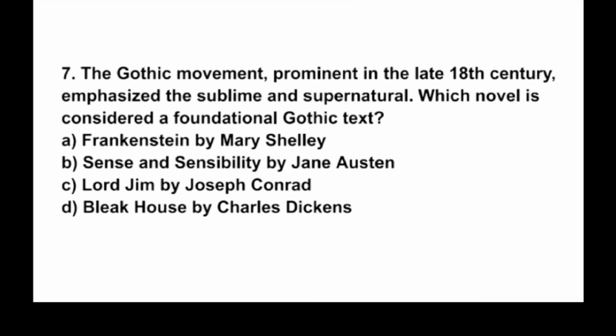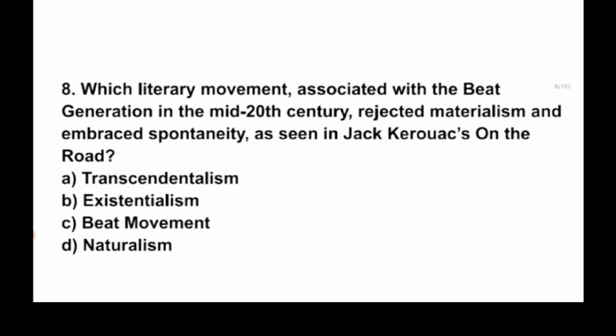Next, which literary movement associated with the Beat generation in the mid 20th century rejected materialism and embraced spontaneity, as seen in Jack Kerouac's On the Road? Option C is the correct answer, Beat movement.